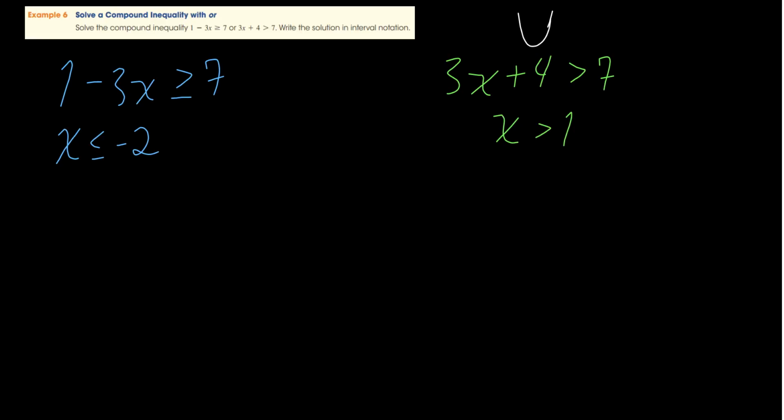Okay, so same as before, let's draw our number line. It looks like we can probably just be right in the middle.